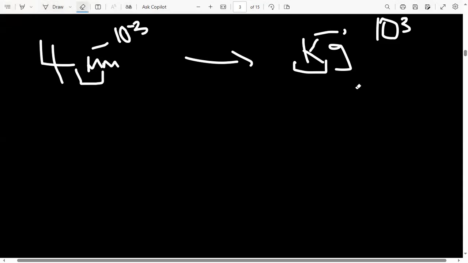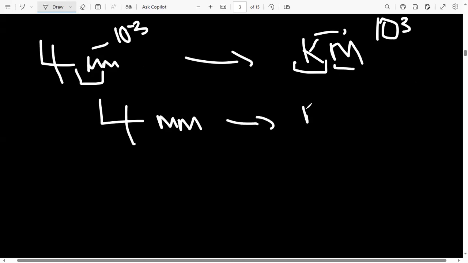Why have I written kg there? That should be the kilometer. So how can I convert from millimeter to the kilometer? The first thing to do is to convert to my SI unit. In this case, what is my SI unit? I can say meter. So I'm first converting this 4 millimeters to meters.